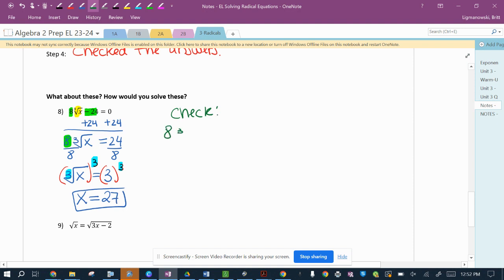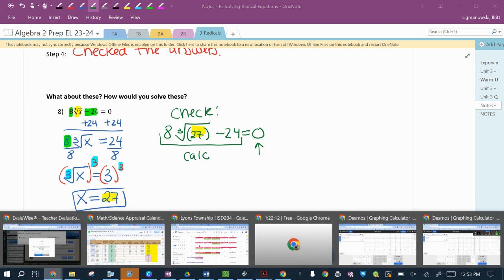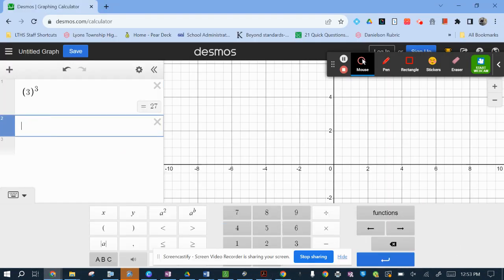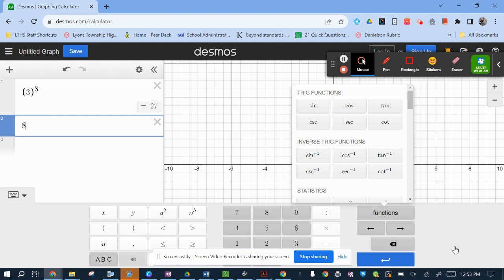So I'm going to do 8 times the cube root, the raíz cúbica, and then I'm going to take this 27 and put it in for x. And then we're going to do minus 24. I'm going to put this part in the calculator and show that it equals 0. So in my Desmos, I'm going to do 8. And then to get the cube root or raíz cúbica, you want to go to your functions button here.